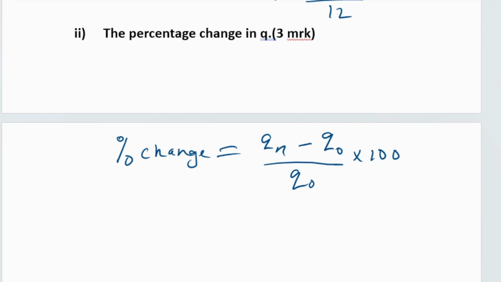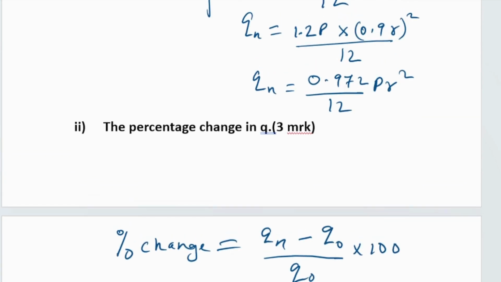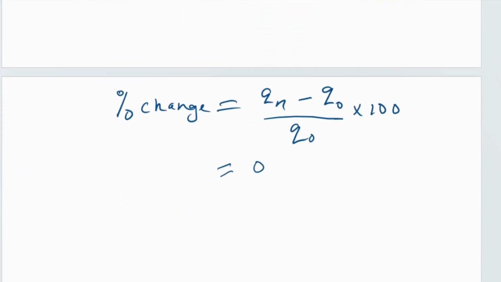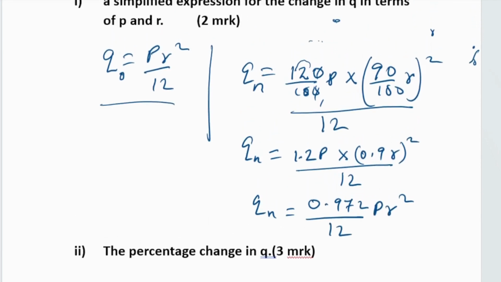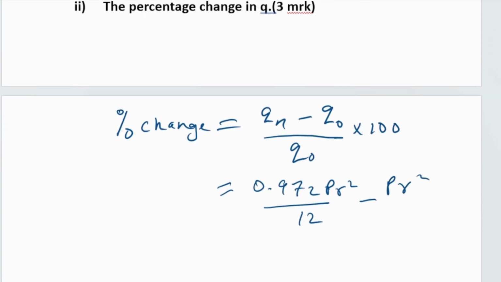And therefore we have our Q new, which we have gotten here, Q new is 0.972 over 12 PR squared. So it will be 0.972 PR squared over 12 minus Q original. This is our Q original. It will be PR squared over 12. Then divided by Q original, which is PR squared over 12. Then times 100.